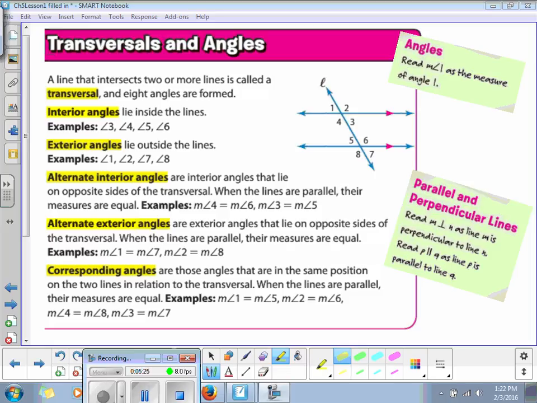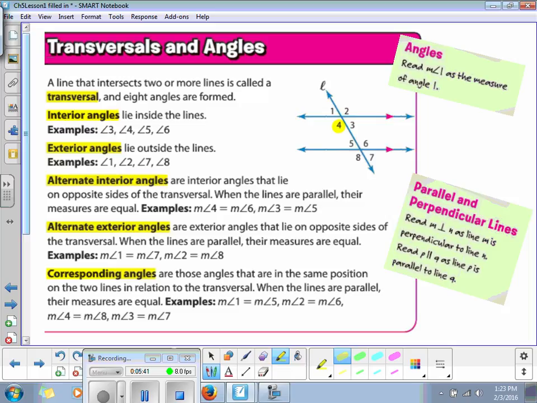So we're looking at alternate interior angles. Alternate interior angles are angles that lie on the opposite sides of the transversal. So interior means they're where? Inside, right? So if I'm looking at angle 4, the other angle that is inside but on the opposite side of the transversal is which one?